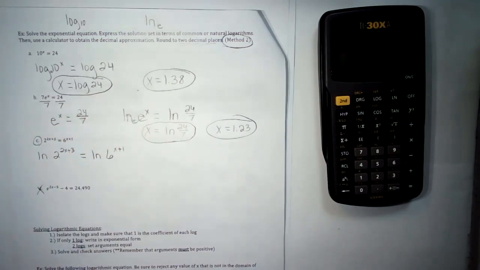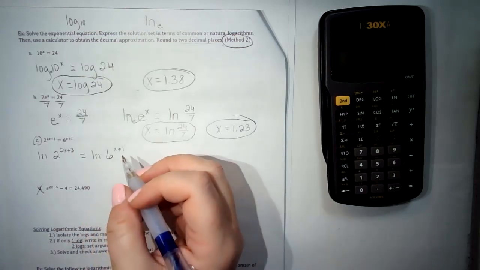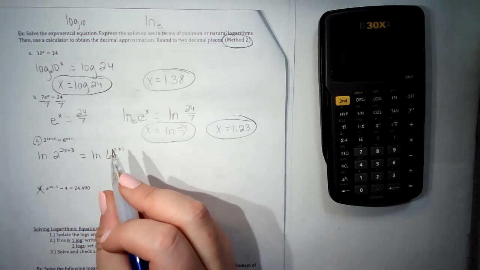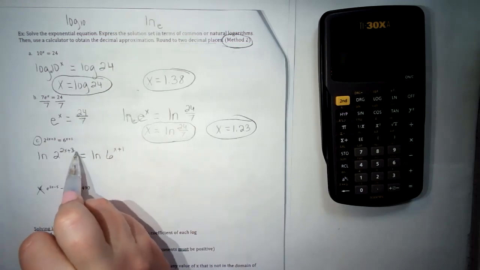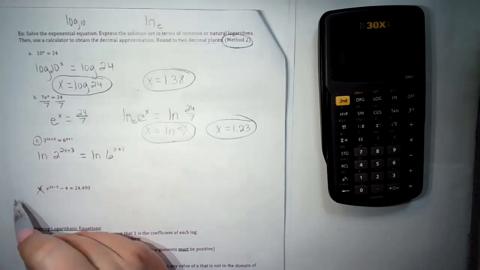Okay. Now remember, the whole point of this is to get your x out of the exponent. You want your x down on the regular level. So do we know any certain type of property or situation where I could take this exponent and put it down somewhere else? You just learned it.